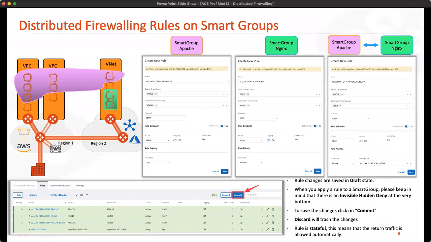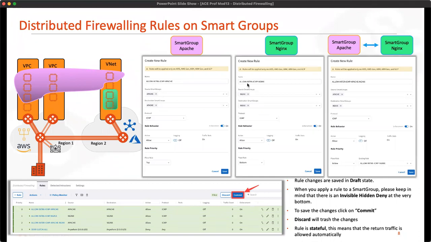So after you define the smart groups, for example, one for Apache and one for Nginx, as we have been discussing, you can define the rules. Some of these rules can be, for example, the intra-ICMP Apache. This is the rule between Apache to Apache, a rule that governs the relationship between the instances that are within the purple group.